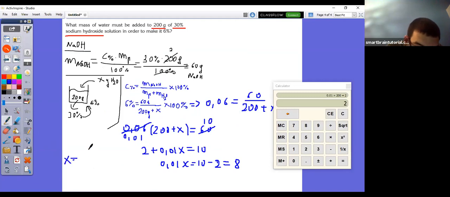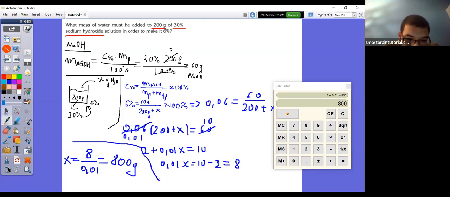x is 8 over 0.01, and it will be about 800. Look, 800 grams.